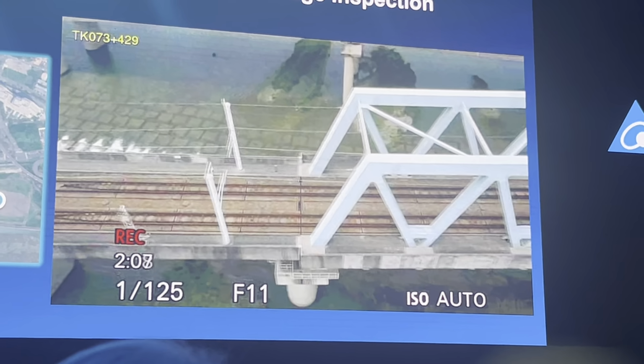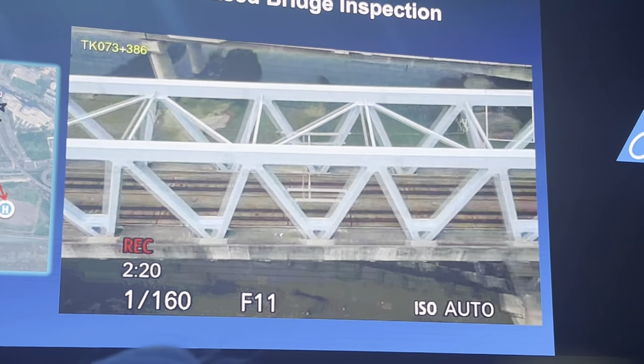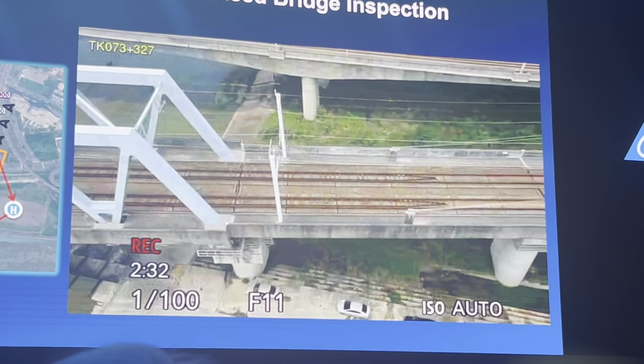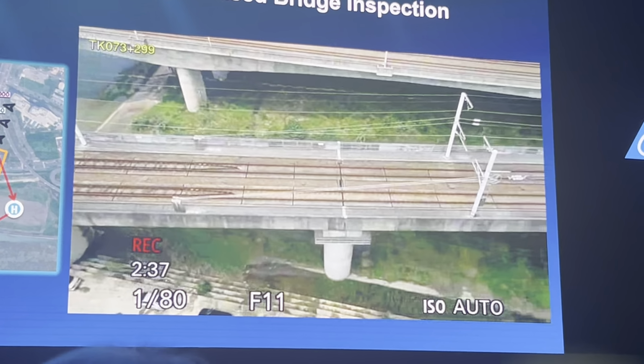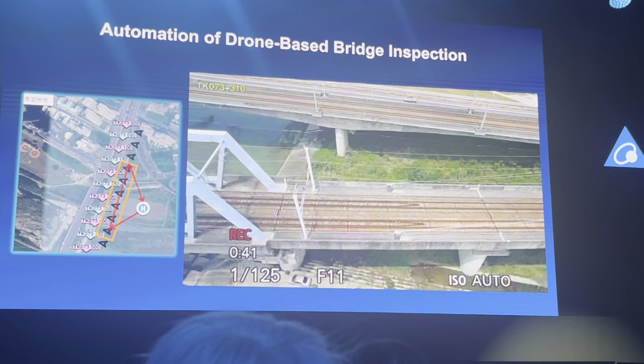He can actually monitor the progress of the BITS system a little bit if he chooses to, but he can do this from his desktop or laptop computer by viewing the real-time video feed coming from the drone and shown on the right. So that's what you are going to see, how the BITS system is doing.